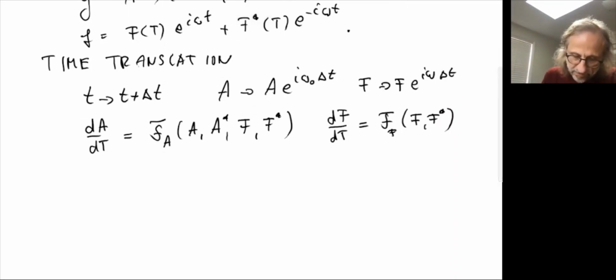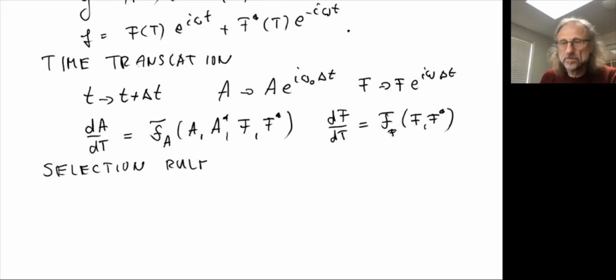So what is the selection rule? So both functions curly F are polynomials in A and F and so on. And as I said, we don't have to consider the function curly F for F. We only need to consider F_A, right? So that is going to be some polynomial.